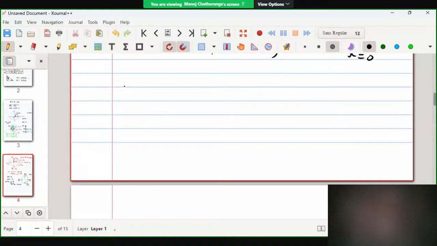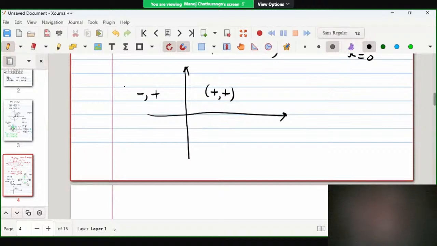In different quadrants, for example, in the first quadrant, both x and y coordinates are positive. In the second quadrant, the x coordinate is negative and the y coordinate is positive. In the third quadrant, both x and y are negative.